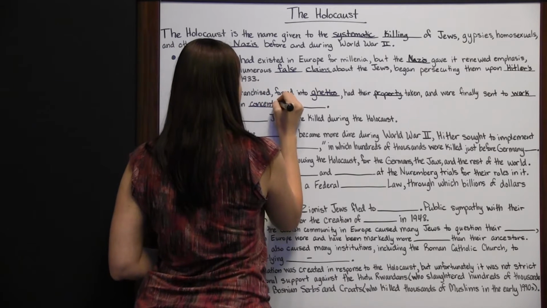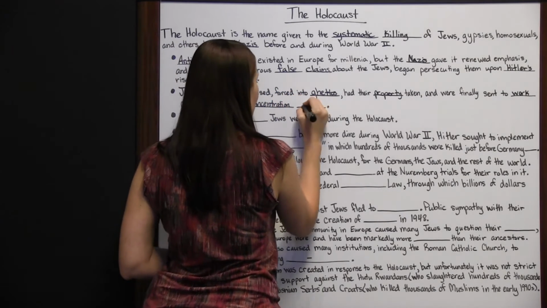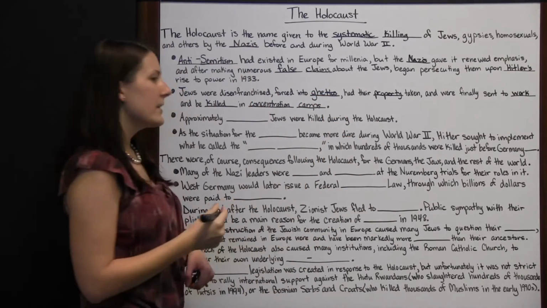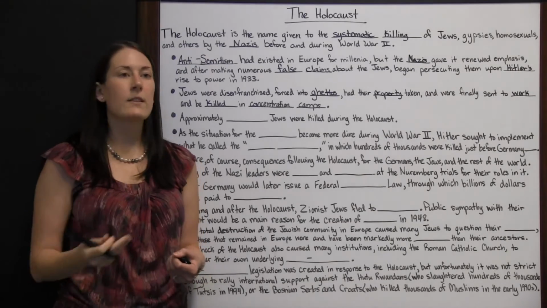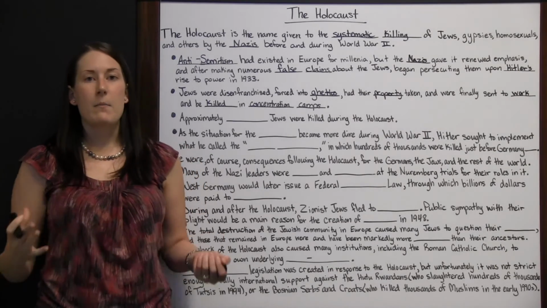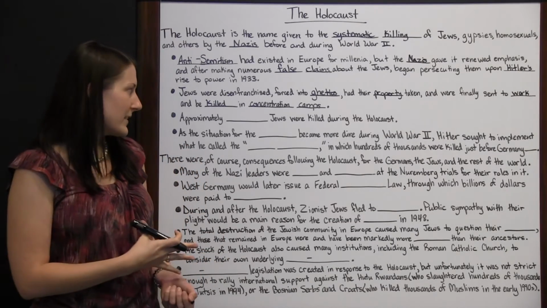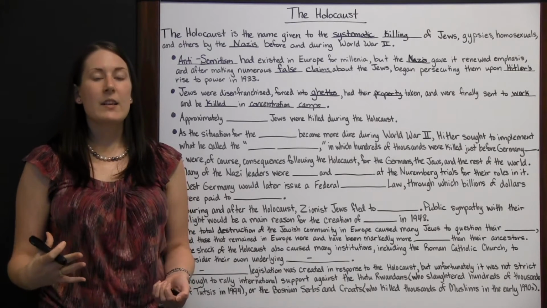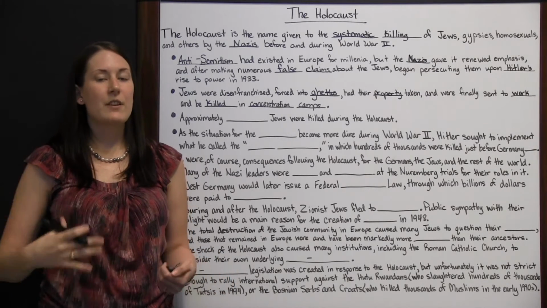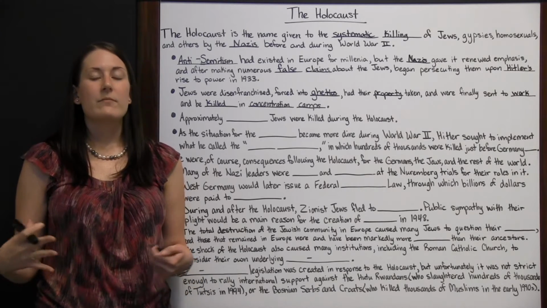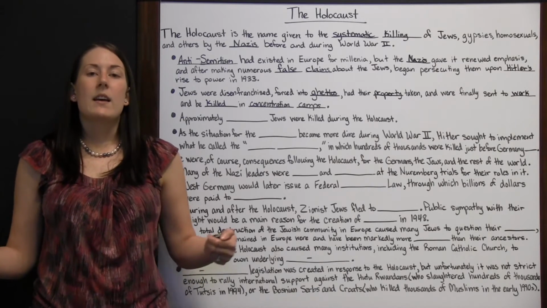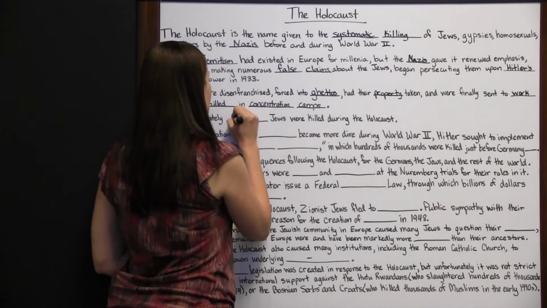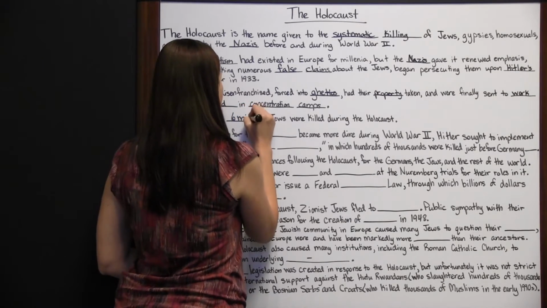And these were basically like prisons where the people were kept and forced to work until they either died or until they were killed in mass murders, basically. They went about it different ways. Some were poisoned in gas chambers, others were killed in different ways. But in all, approximately 6 million Jews were killed during the Holocaust.